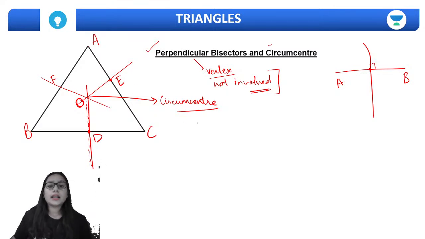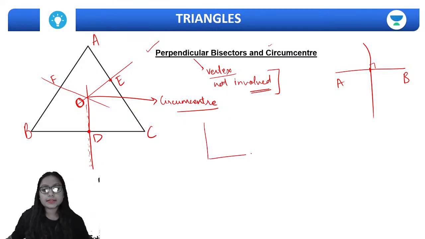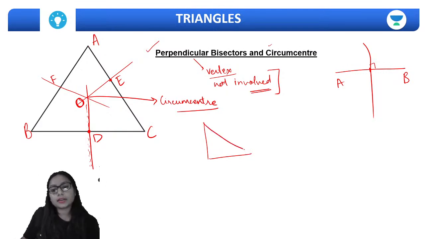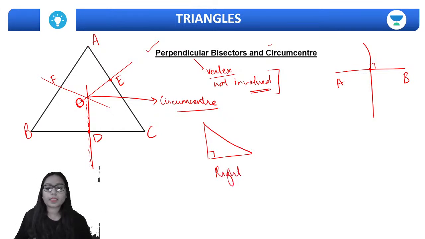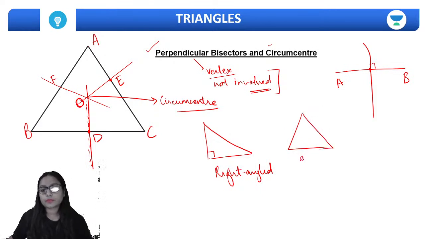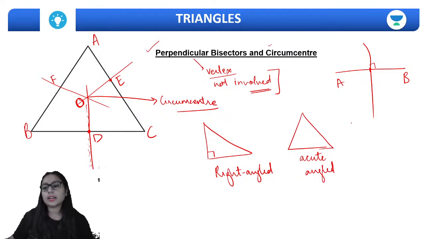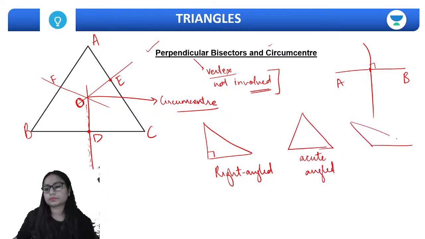Now, an important point here: suppose I take a right angle triangle, then an acute angle triangle, and an obtuse angle triangle.